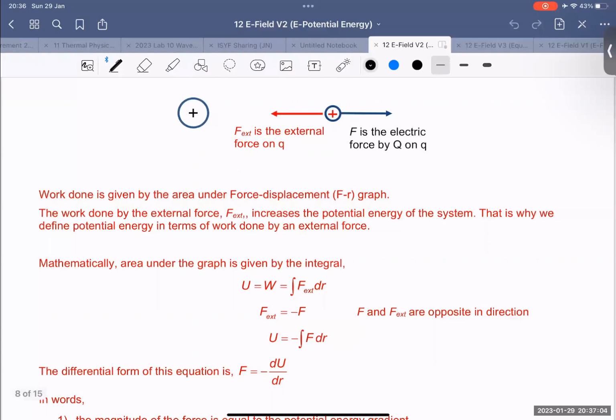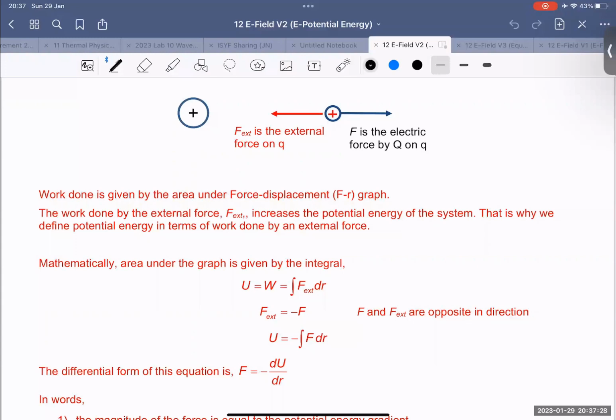U is equal to W, where W is the work done by the external force. So it's the integral of F external dr. We know that the electric force and the external force are opposite in direction, and for a vector quantity, this is represented by a minus sign. So U will be equal to minus the integral of F dr.